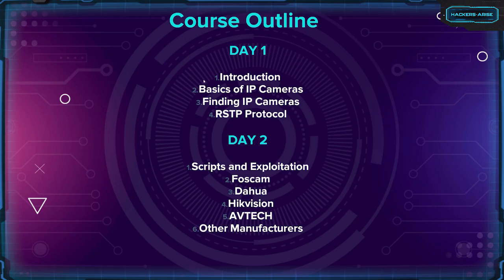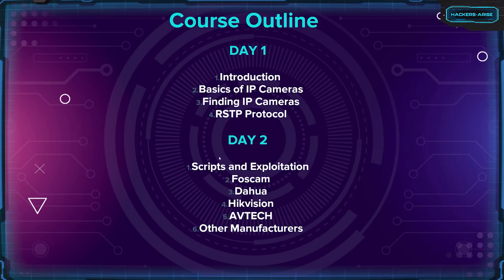Let's talk about what today we're going to be working on. Introduction, okay? We'll be looking at the basics of IP cameras. We'll look at how to find them, and then we'll look at the RTSP protocol. RTSP is the protocol that's used for most of these cameras. Not all of them, but most of them.